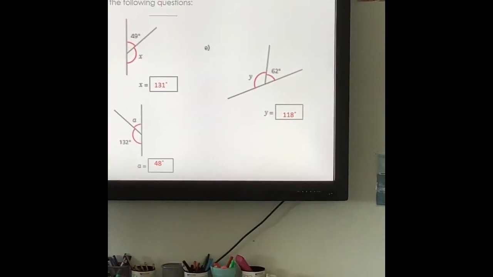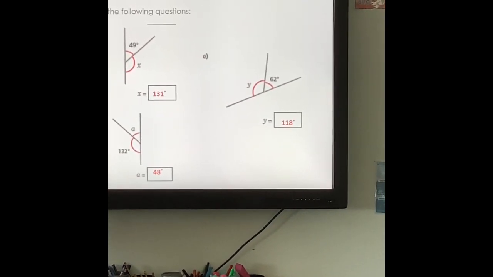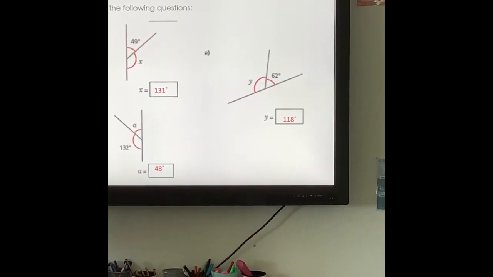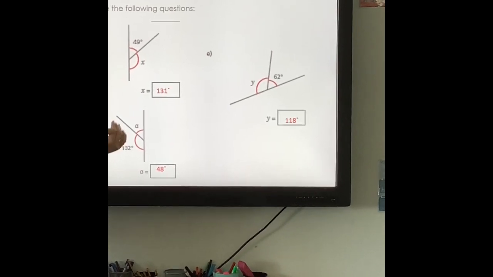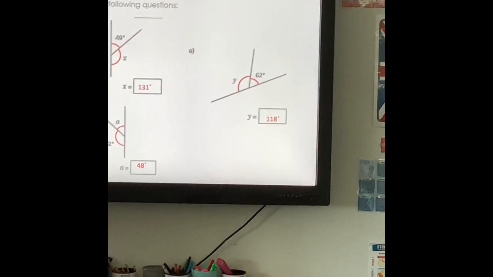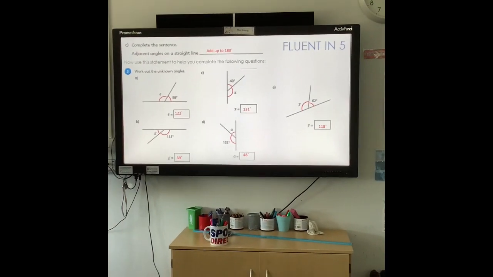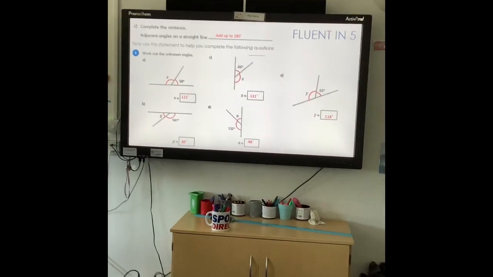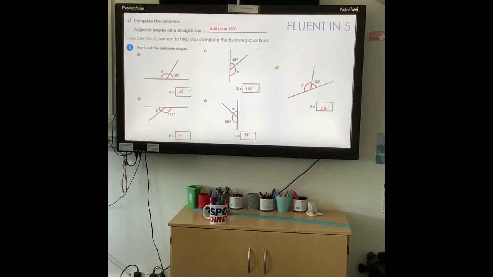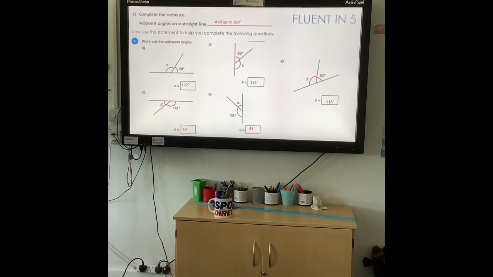Lastly, E, you know that the straight line is 180 degrees. Y plus 42 would give us 180. So we do 180 take away 62 gives us 118 degrees. As long as you can remember that straight angle, the straight line, all the angles add up to 180, you should be able to work out any missing angle. Brilliant.